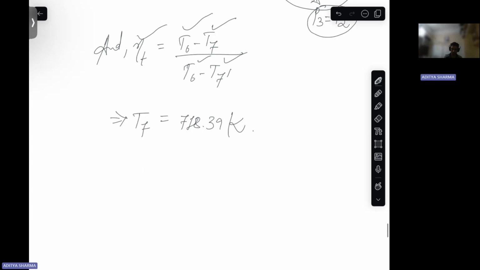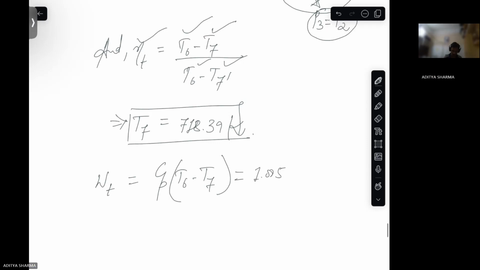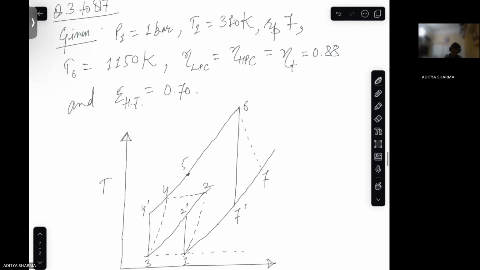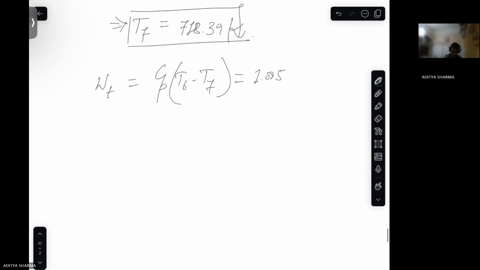Then why are we doing this? Because we need to find out work ratio. Now turbine work WT is equal to Cp (T6 minus T7). 1.005, T6 is 1150, T7 is 718.39.